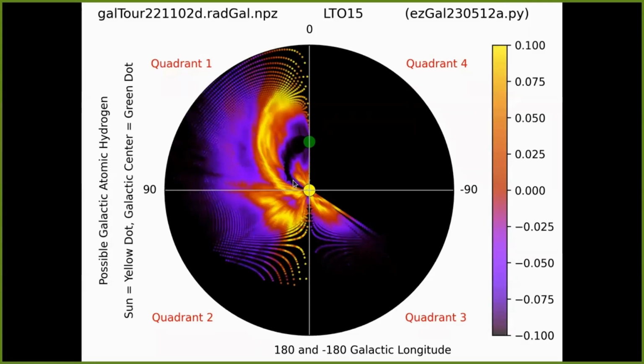For all these different angles along here, we know a distance of about how far the sun is away from the galactic center, shown in green, and so I put a green dot here as well. The data is here, but there are a bunch of holes in the data. Can we fill that in with a computer? Can it interpolate between these points and fill in a colorful dot where there is no dot now?